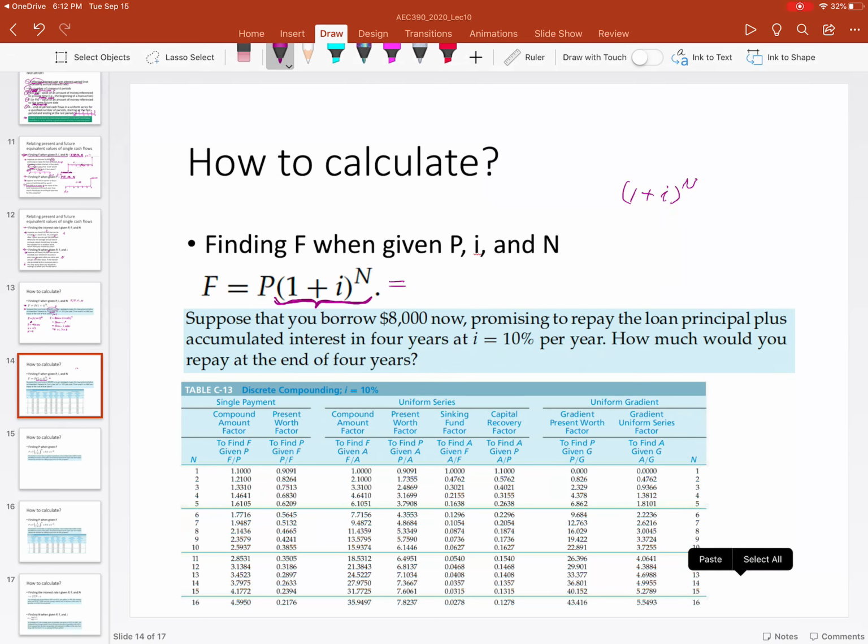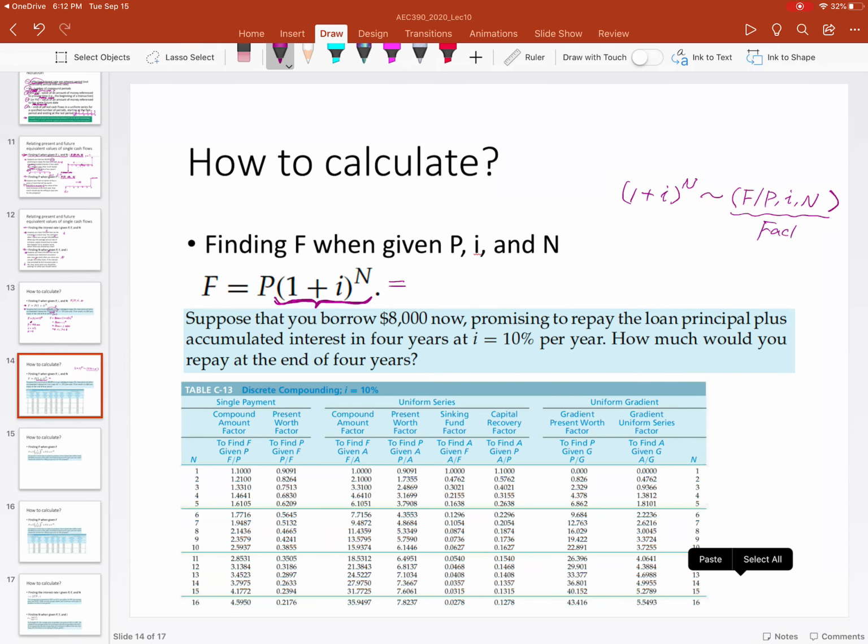So here, 1 plus I to the power of n can be written as what? You're going to like it because you have learned how to write the term. To find the F given P, I, and N. So remember, this is a term we simplify that scenario.